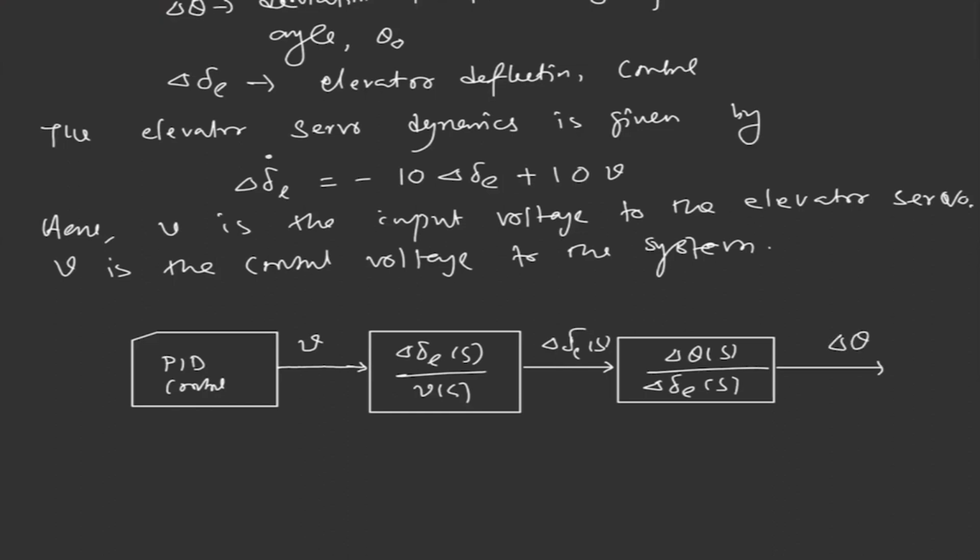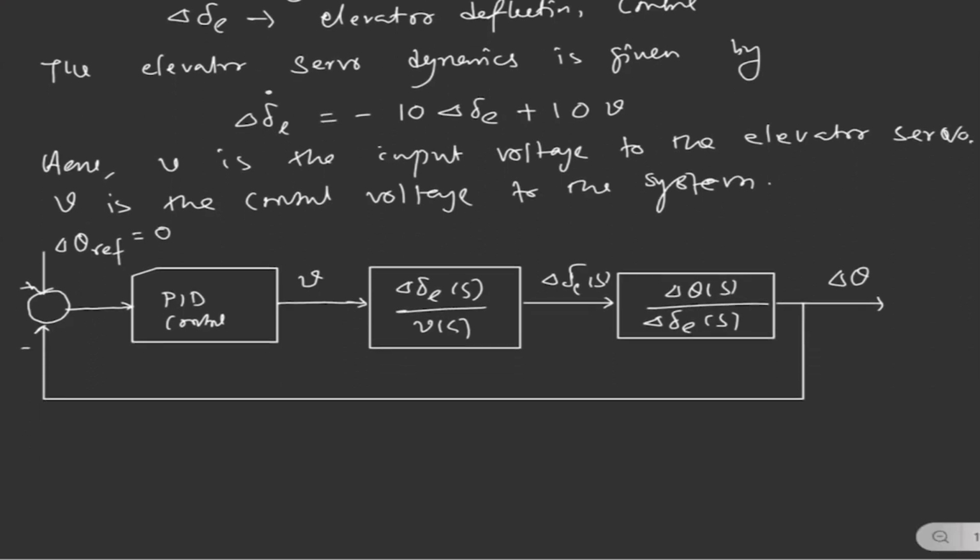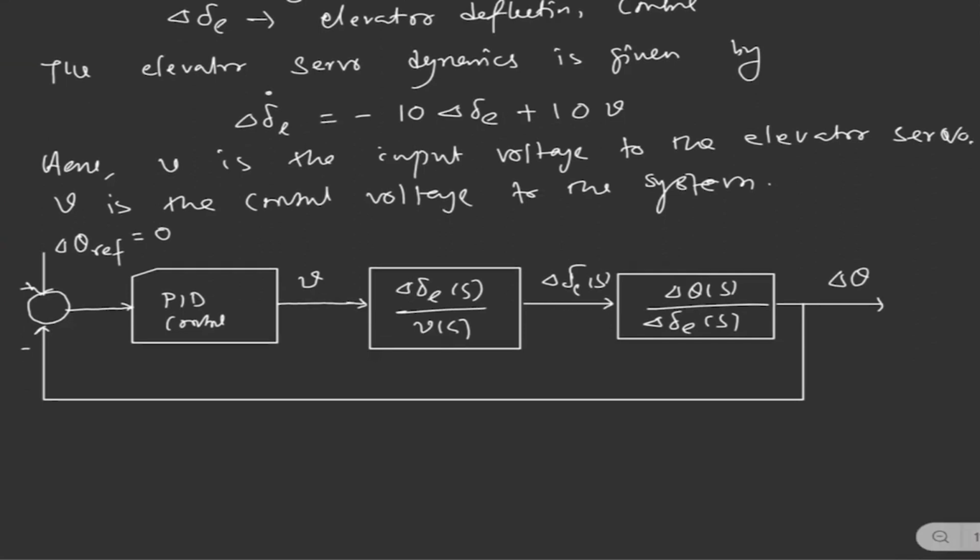And we have a summing point here where we have the desired value, delta theta reference, which is assumed to be 0 for this particular problem. We have to maintain that. Here this is the feedback, negative feedback, and this is positive. So this is the closed loop block diagram for this particular problem.